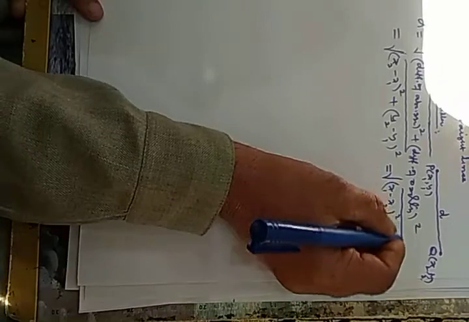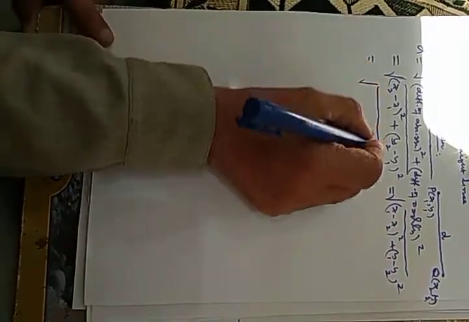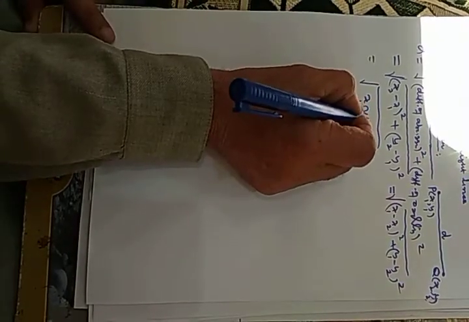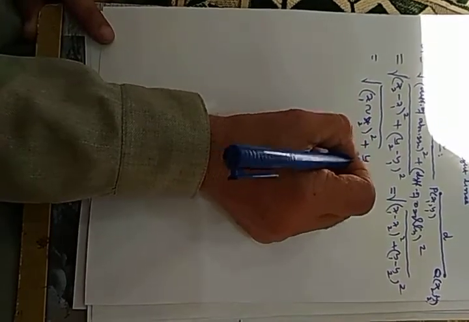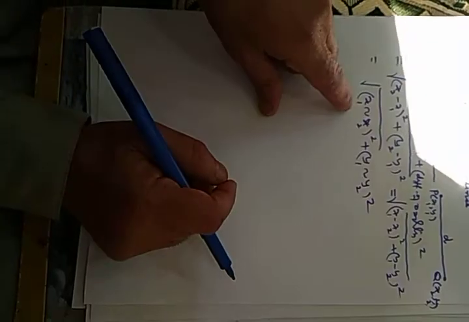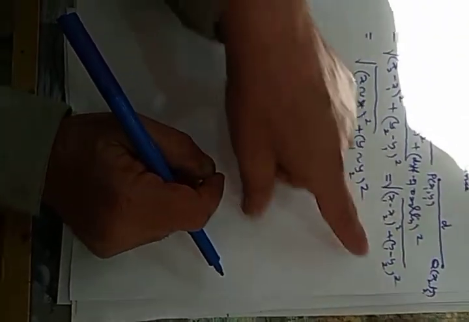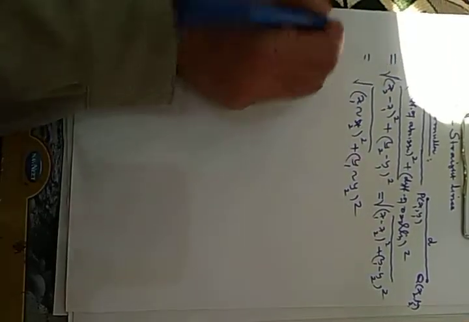You can write it in another form also, using this wiggle symbol: (x1 wiggle x2) whole squared plus (y1 wiggle y2) whole squared. It means the same thing, whether x1 minus x2 or x2 minus x1, y1 minus y2 or y2 minus y1, one and the same thing. This was the first formula.